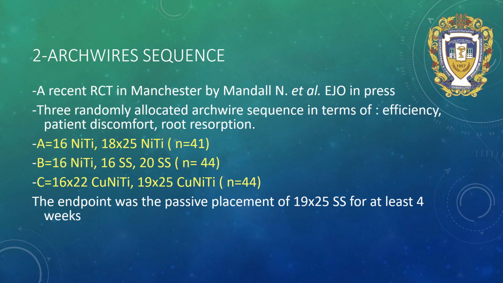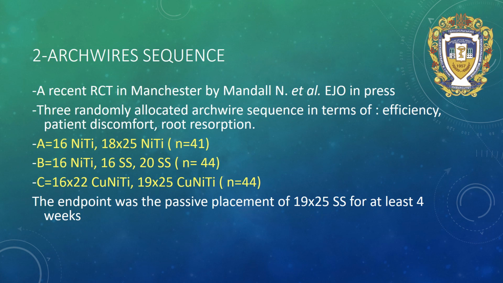Archwire sequence. Three randomly allocated archwire sequences were compared in terms of efficiency, patient discomfort, and root resorption. Group A: 16 nitinol, 18 by 25 nitinol, quantity of patients 41.